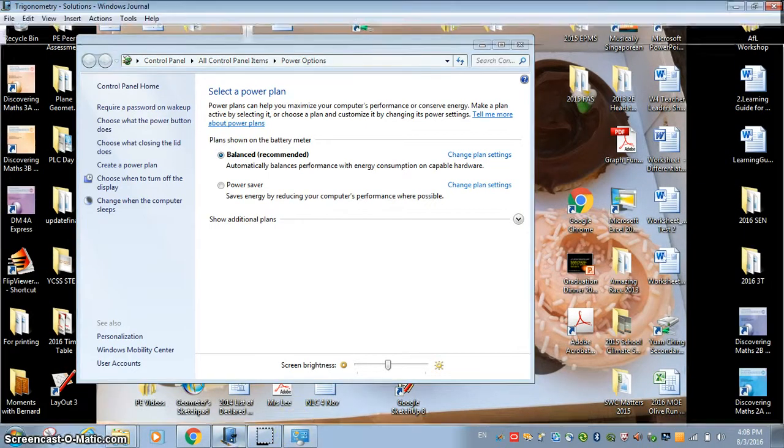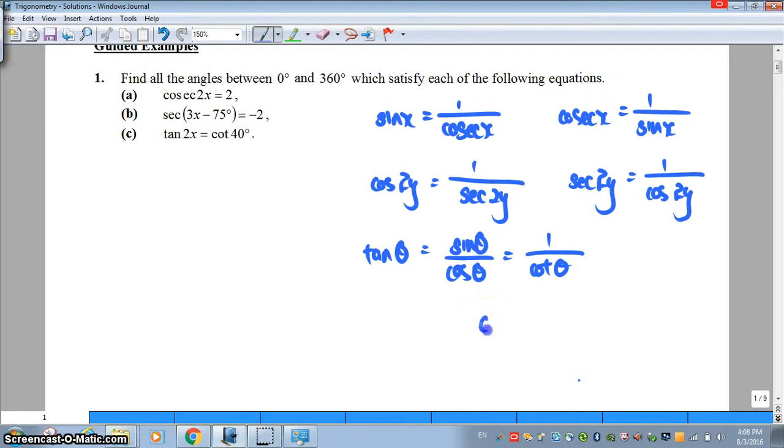Likewise, cotangent theta will be equal to cosine theta over sine theta, which is also equal to 1 over tangent theta.